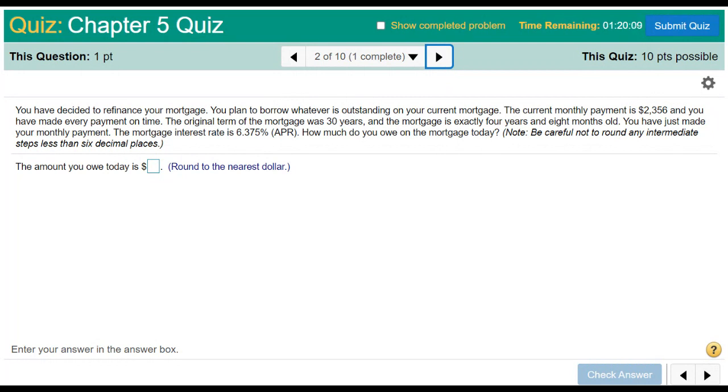Payment, negative 2,356, or you can leave it 2,356. Future value is 0, and then compute for present value. How much did you get?